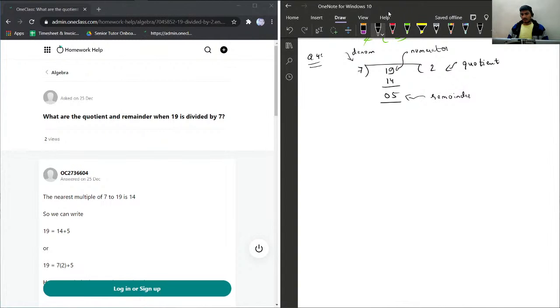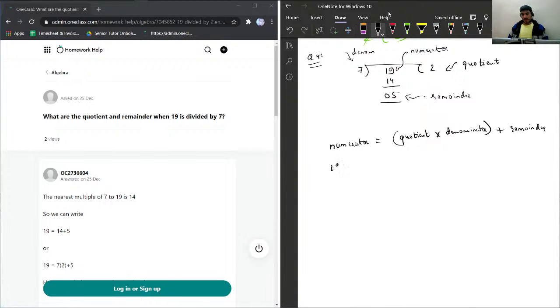And we have a rule which says that numerator is always equal to quotient into the denominator plus remainder.